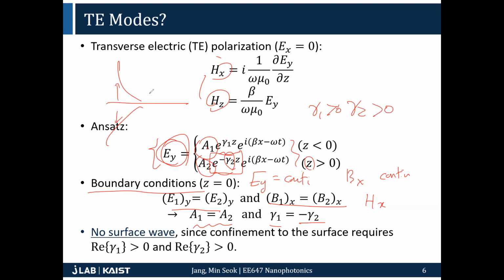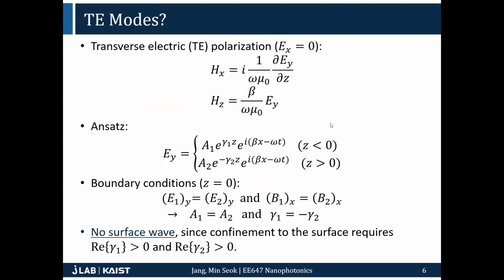It increases exponentially as it moves away from the interface, which is not a guided mode. So there's no surface mode in this case. For TE polarization, there's no surface mode. Okay, that's what we can conclude.